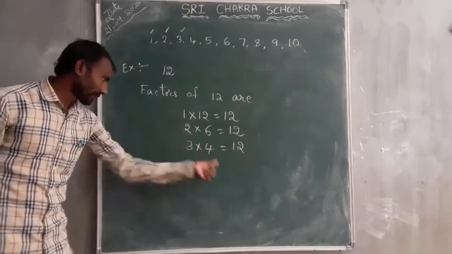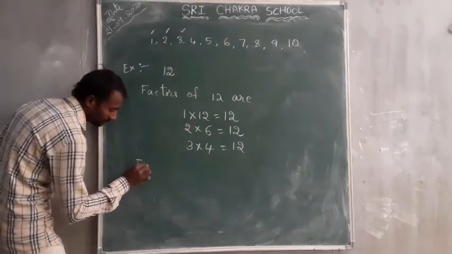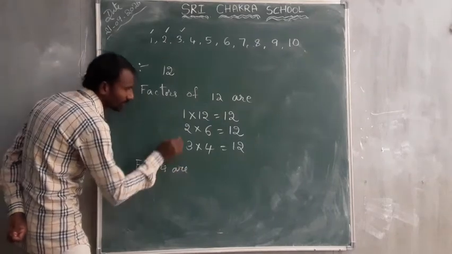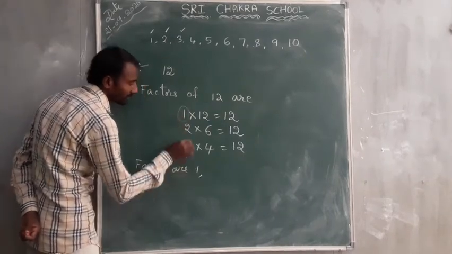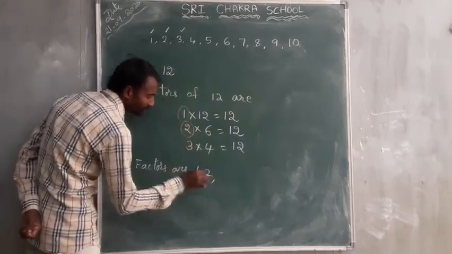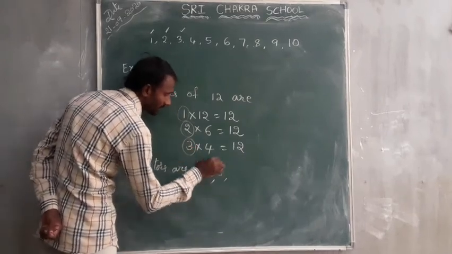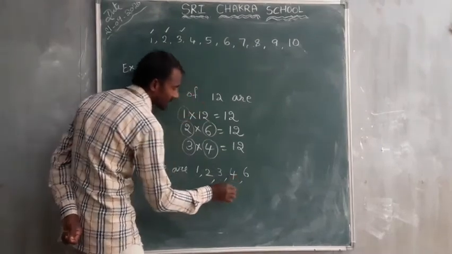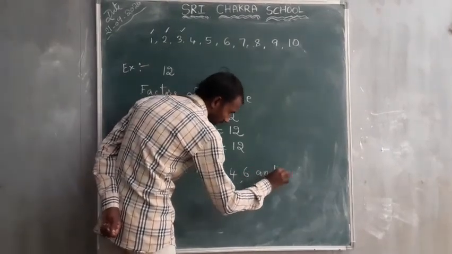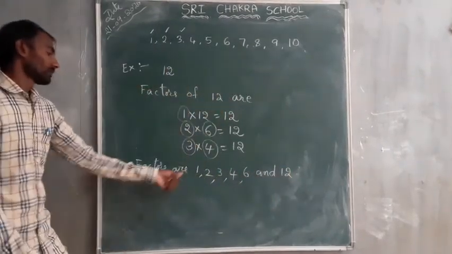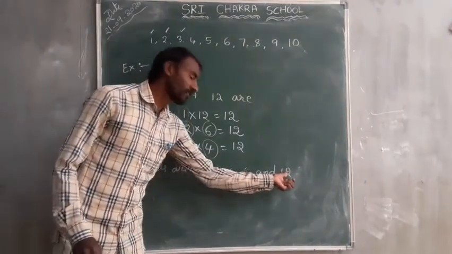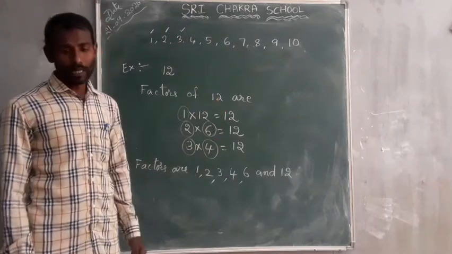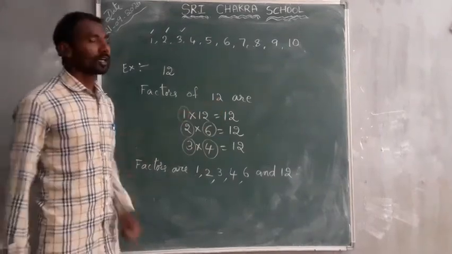Now write down the factors. Factors are 1, 2, 3, 4, 6 and 12. So 6 factors are there. Okay, these are the factors of 12.